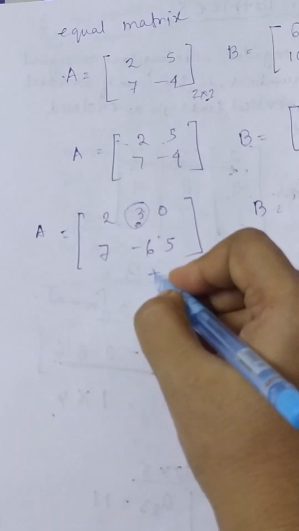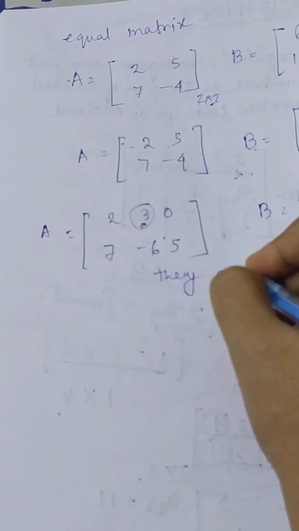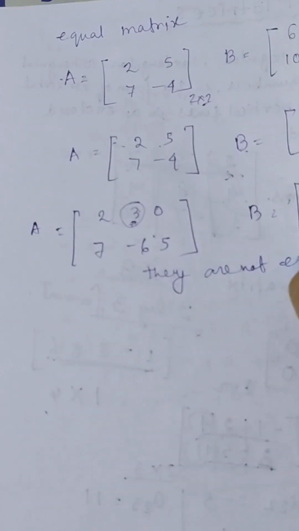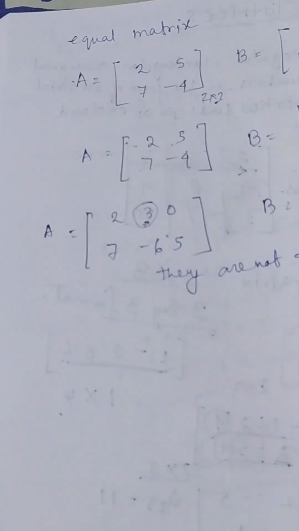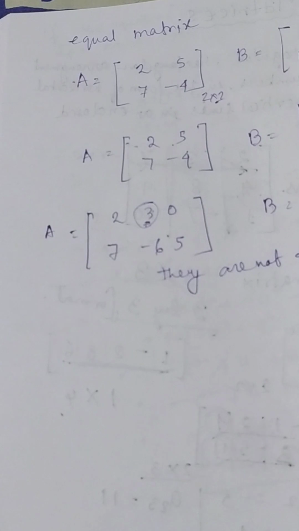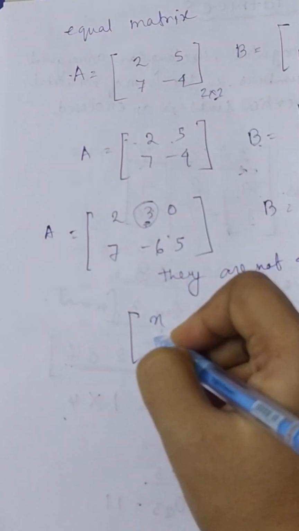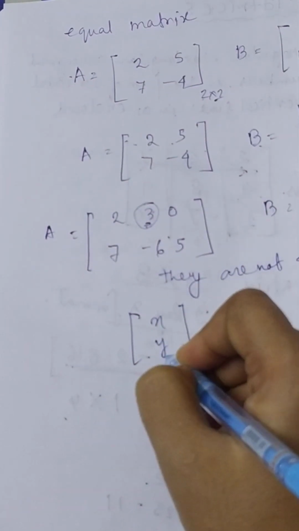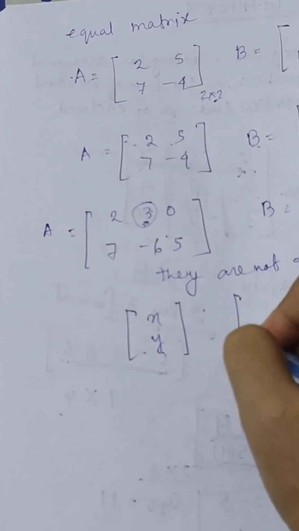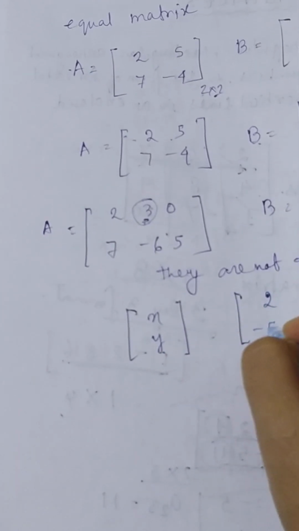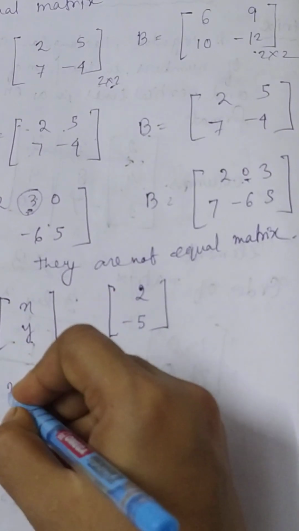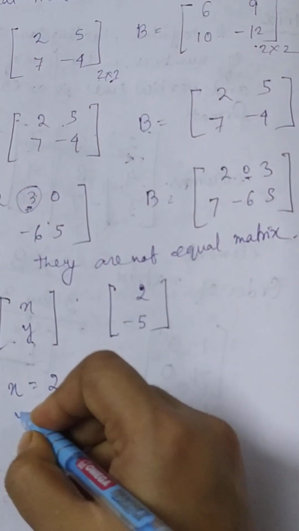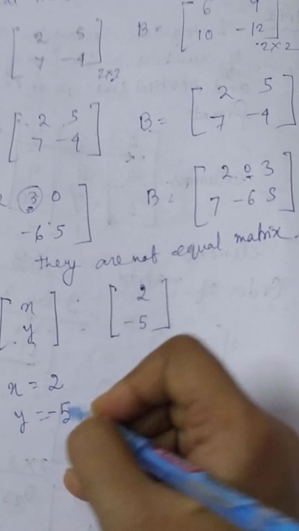So, they are not equal matrices. Okay. Now, if I tell you that X, Y is one matrix, another matrix is 2, minus 5, and to find out the value of the matrix, then you can say that X equals 2 and Y equals minus 5.